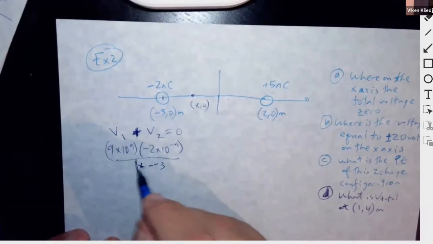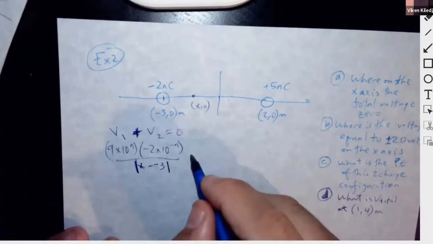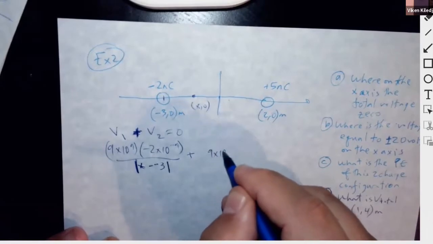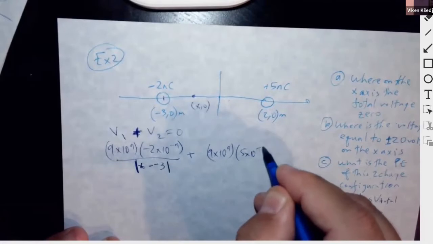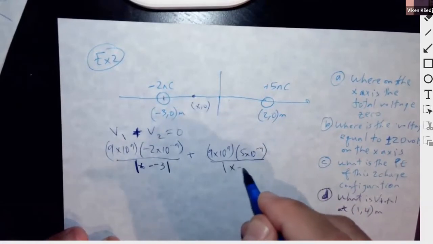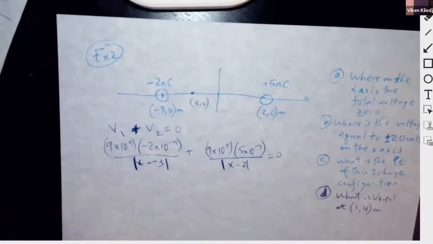And I'll just put for now the absolute value of that, absolute value of the distance, then plus the voltage of this guy, 9 times 10 to the 9th, 5 times 10 to the minus 9 over absolute value of x minus 2. And then that's equal to 0.